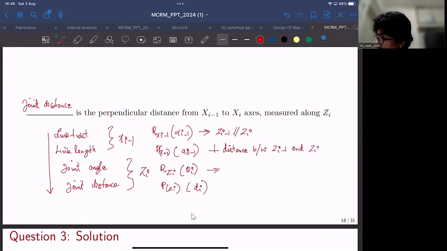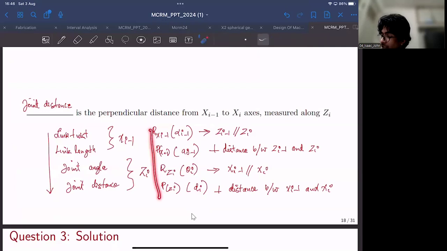And the third is to make xi minus 1 parallel to xi. And the fourth is to accommodate the perpendicular distance between xi minus 1 and xi. So once you do all these four transformations successively, the i minus 1 frame and the ith frame will be perfectly aligned.